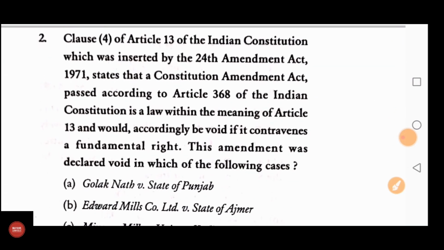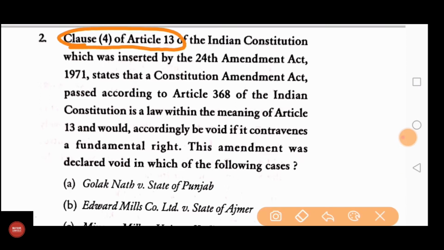Question number 2. Clause 4 of Article 13 of the Indian Constitution, which was inserted by the 24th Amendment Act 1971, states that a Constitution Amendment Act passed according to Article 368 of the Indian Constitution is not a law within the meaning of Article 13 and would accordingly not be void if it contravenes a fundamental right.